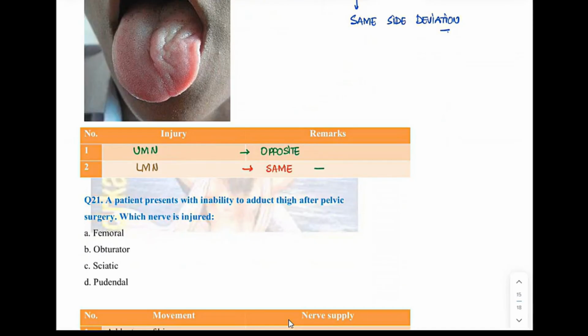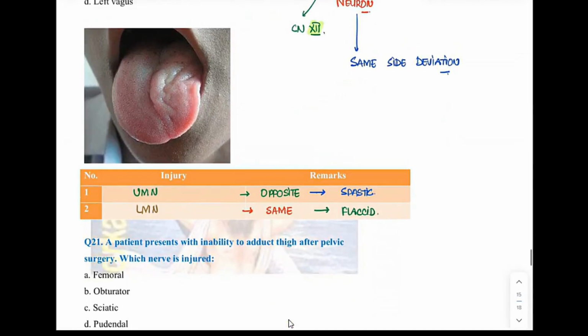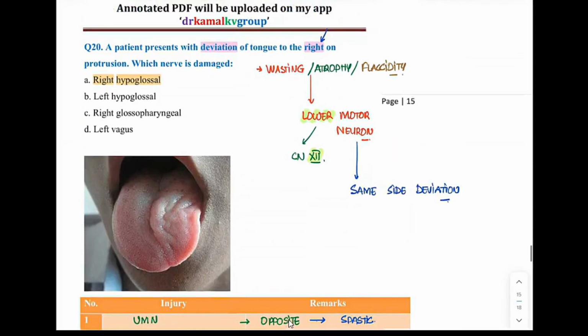In lower motor neuron, it will be flaccid or atrophied, but in upper motor neuron, it will be spastic. So this is how we differentiate the 12th nerve palsy, whether it is upper motor neuron type or lower motor neuron type, right?